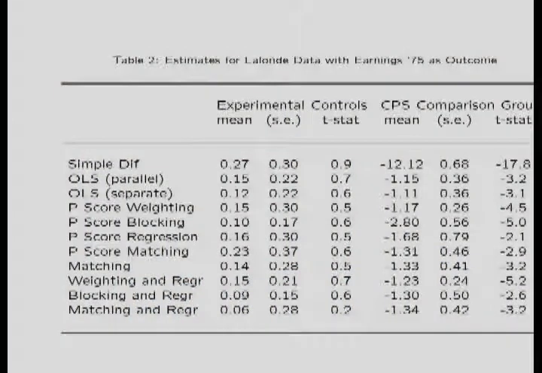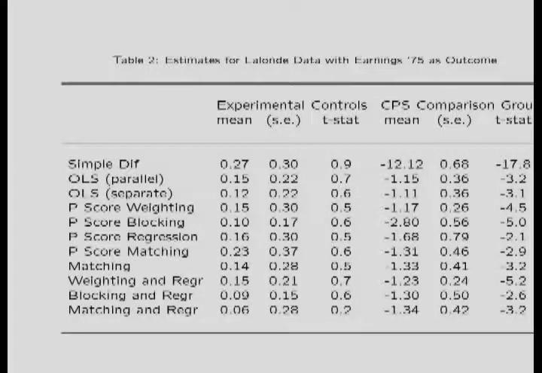But what makes this a very important paper in this literature is that he wanted to use that as a way of evaluating how well various of these evaluation methods worked. So he put aside the control group from the experiment. He got a comparison group from the Current Population Survey, as well as one from the PSID that I'm not looking at here.